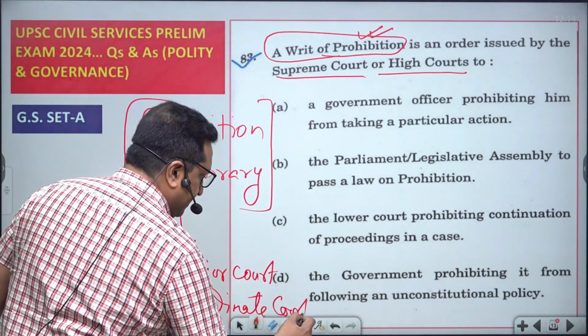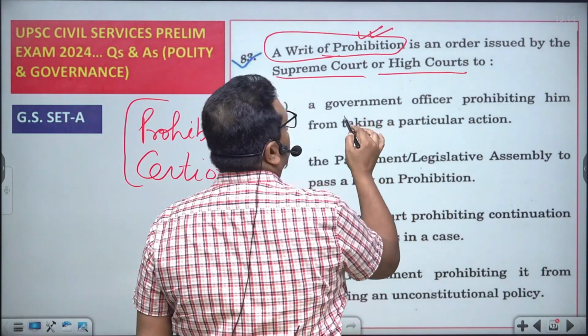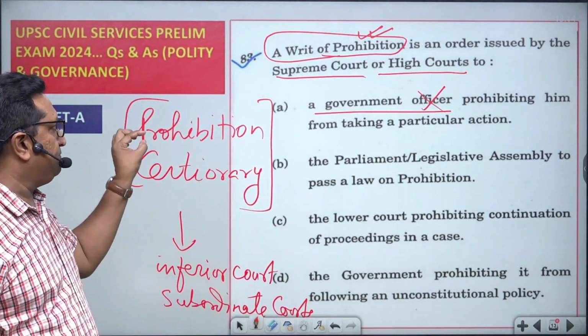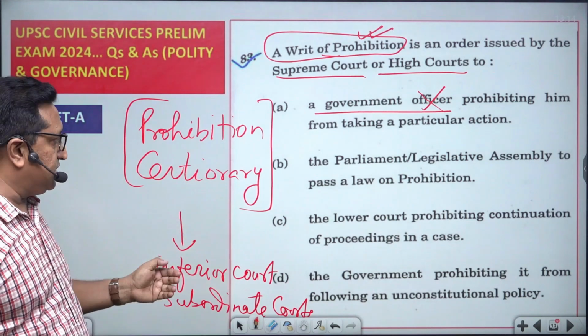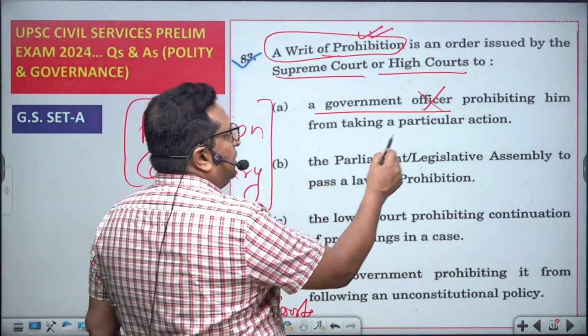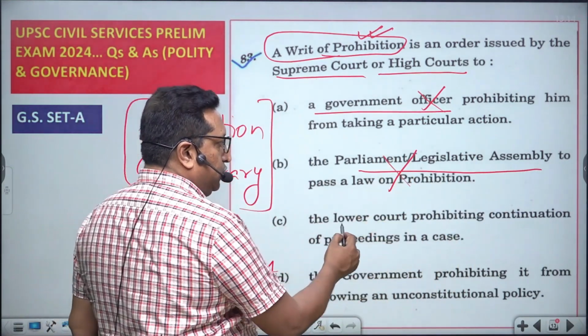Okay, so this is Supreme Court or High Court. 2, a government officer? No. As I said, prohibition and certiorari are the writs which are issued by higher courts to lower courts. To the Parliament or Legislative Assembly? No. The lower court? Yes.